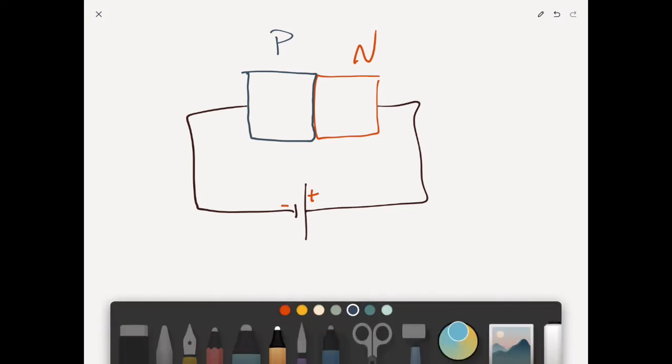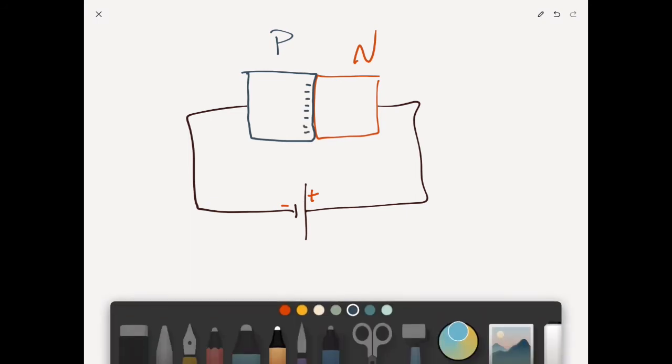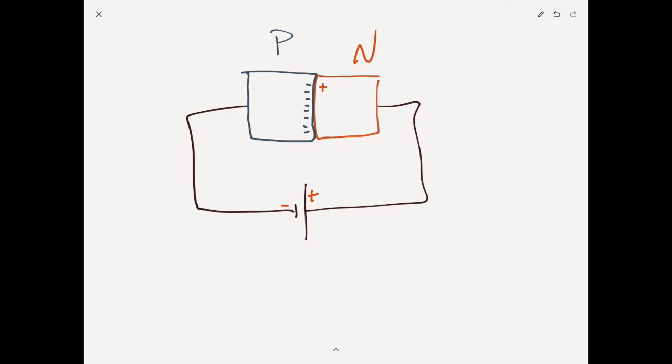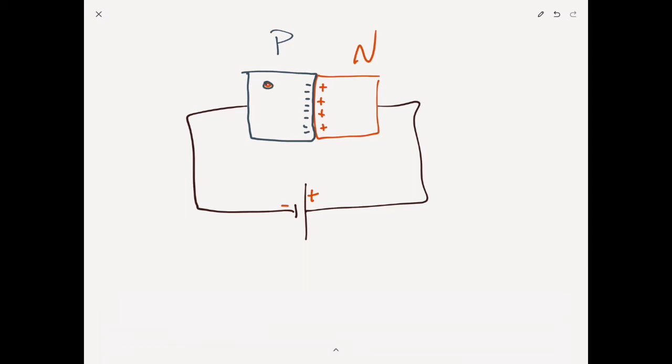The situation here now is that my battery is actually working to make the depletion layer bigger. Because the holes are going to get pushed away from the positive terminal of the battery, and the minuses are going to get pushed away from the negative terminal of the battery.